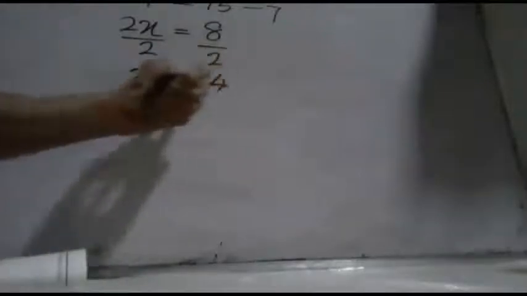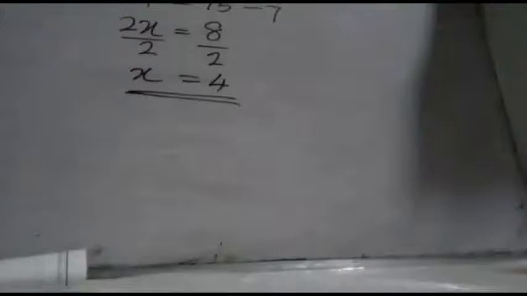Here plus 7. Subtract 7 from both sides. 15 subtract 7. Then 2x is equal to 15 subtract 7. 2x is equal to 8. Both sides divide by 2. x is equal to 4.